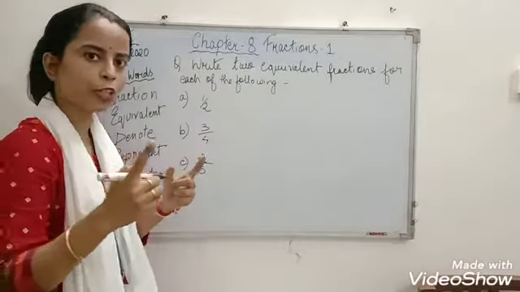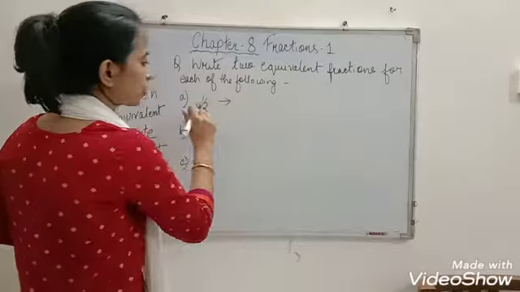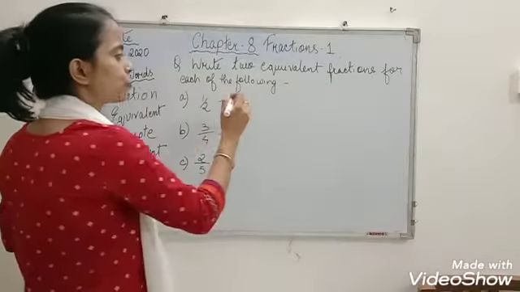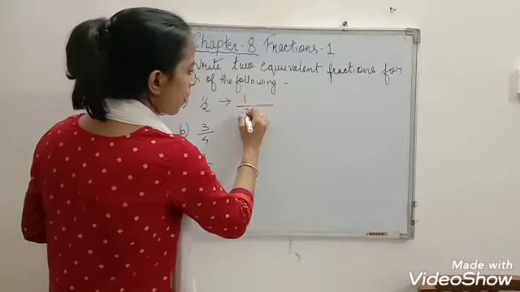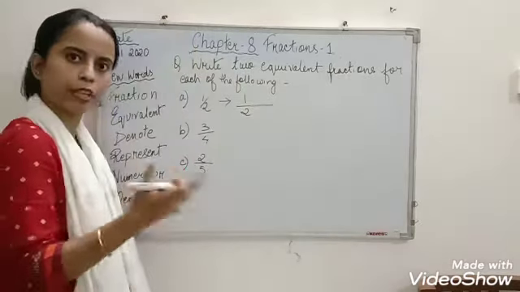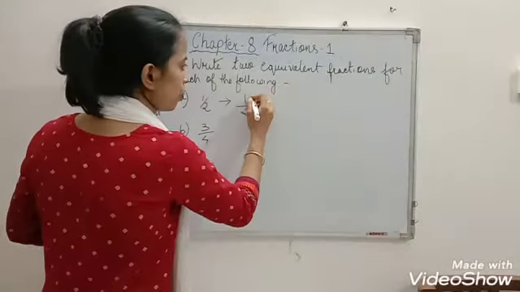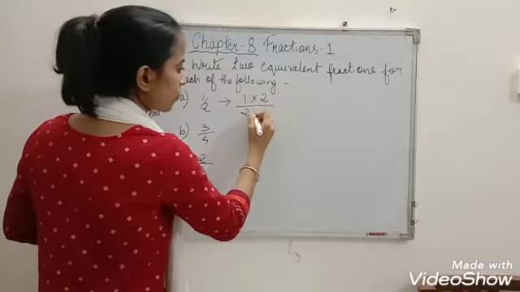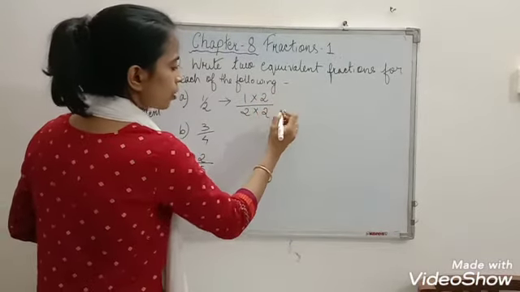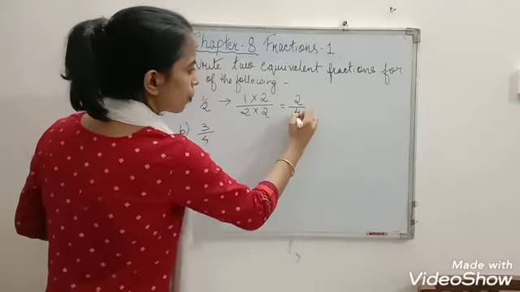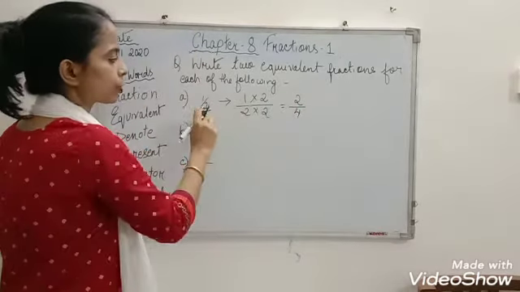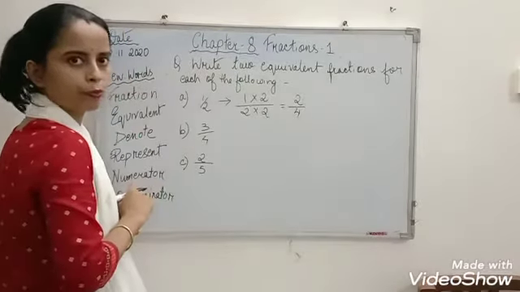As I've already told you, we have to multiply both the numerator and the denominator by the same number. So we'll take 2. 1 into 2, 2. 2 into 2, 4. So one of the equivalent fractions of 1 by 2 is 2 by 4.